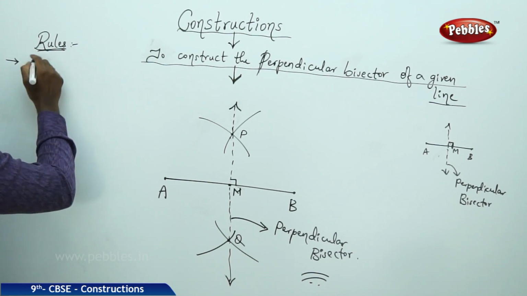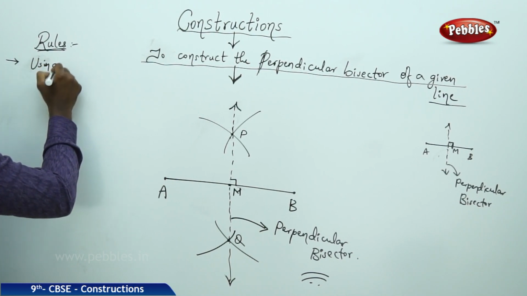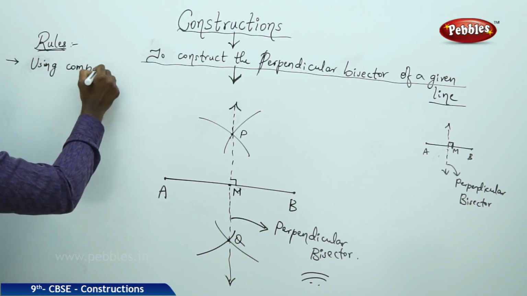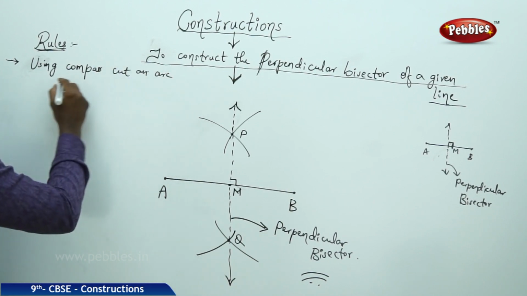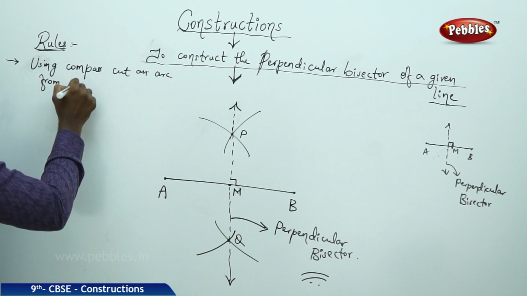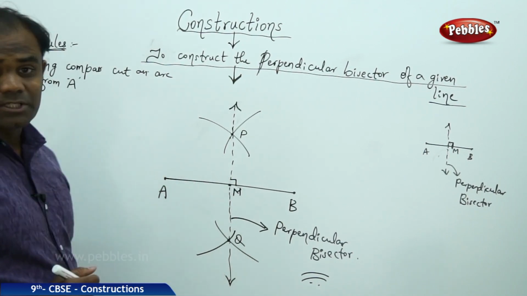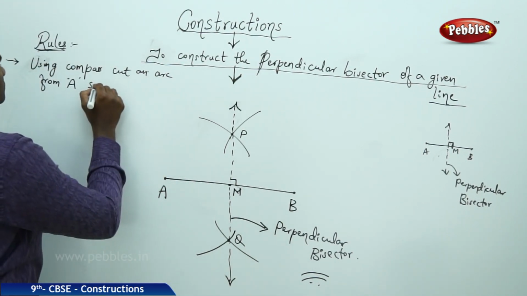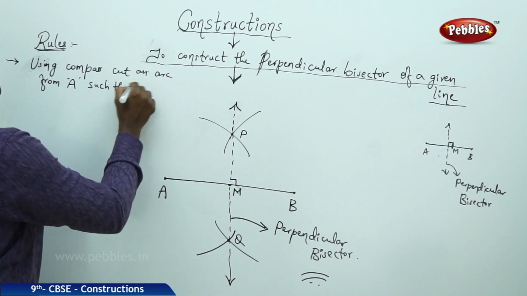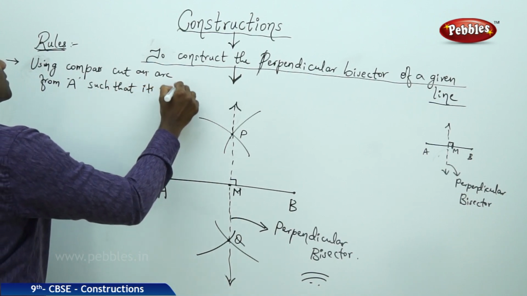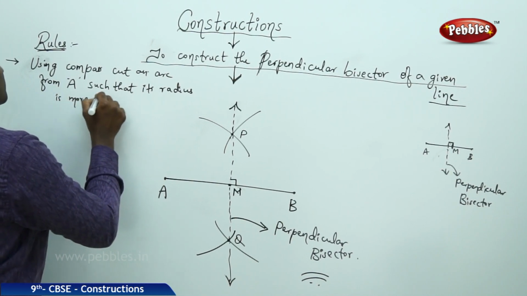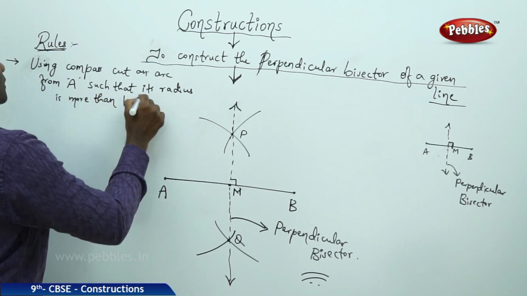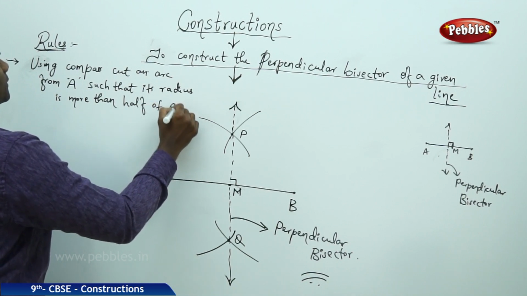Using the compass, cut an arc from point A such that its radius is more than half of length AB.